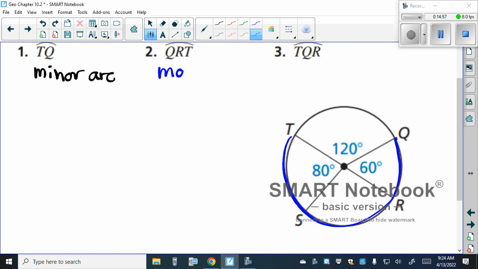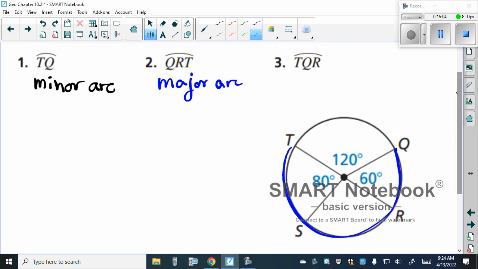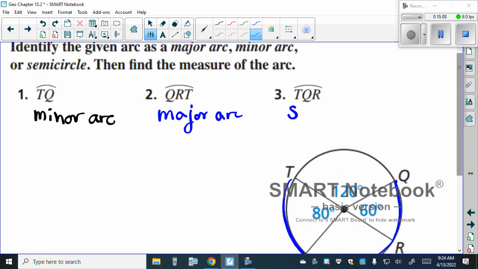Yeah, so this here is a major arc. And lastly, TQR. Is it possible for an arc to be a semicircle and a minor arc?